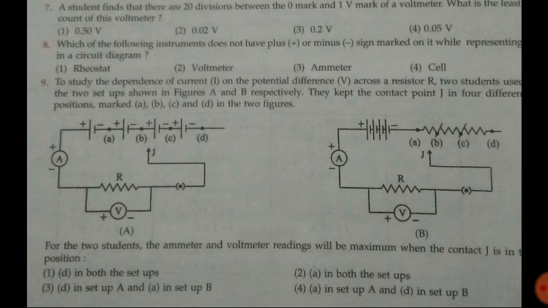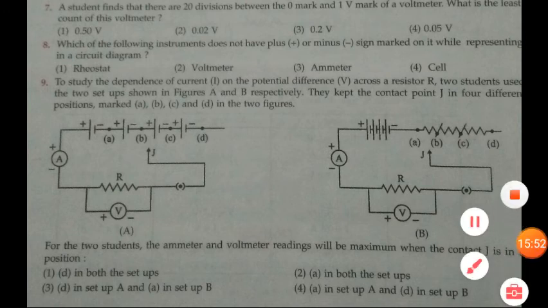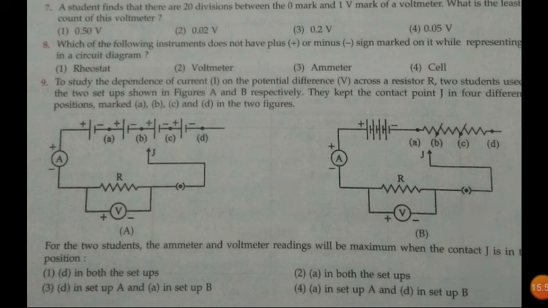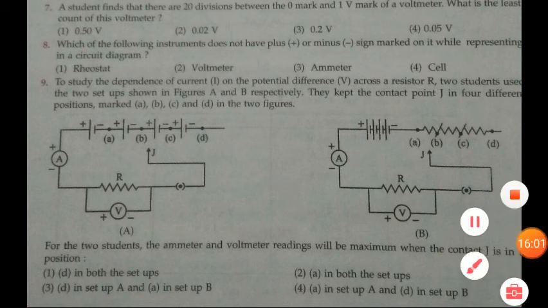For the two students, the ammeter and voltmeter readings will be maximum when J is in which position? Okay, so we have to choose in which position J will give the maximum readings.